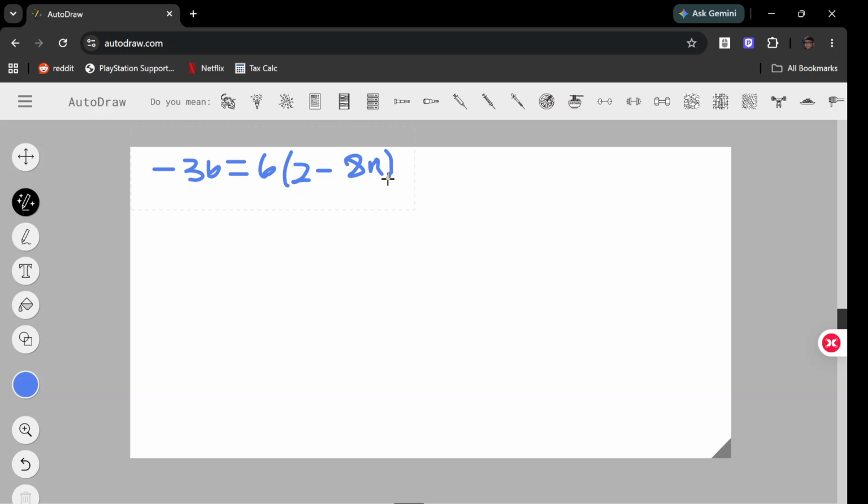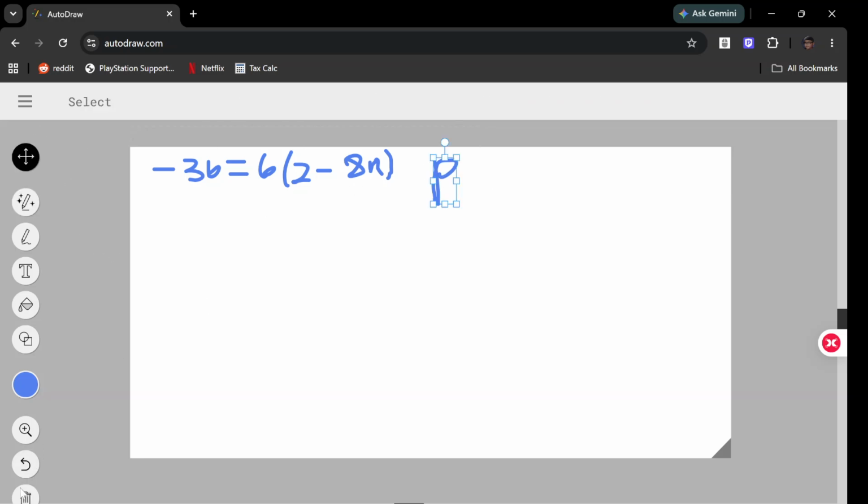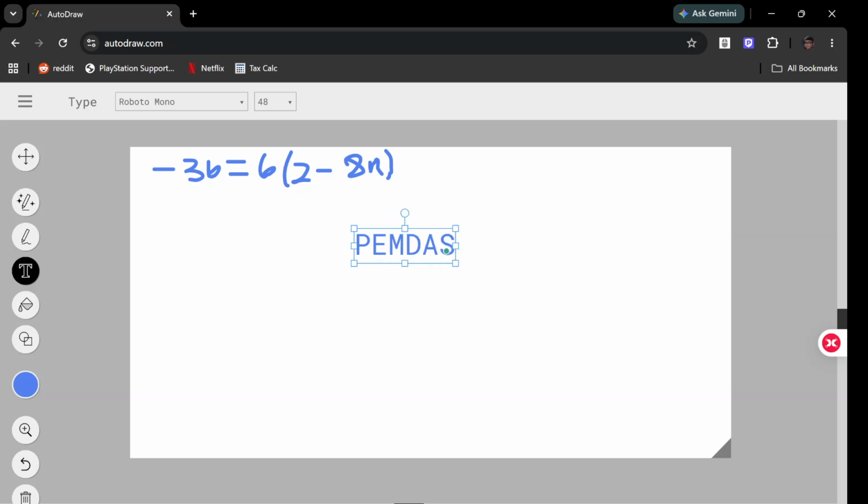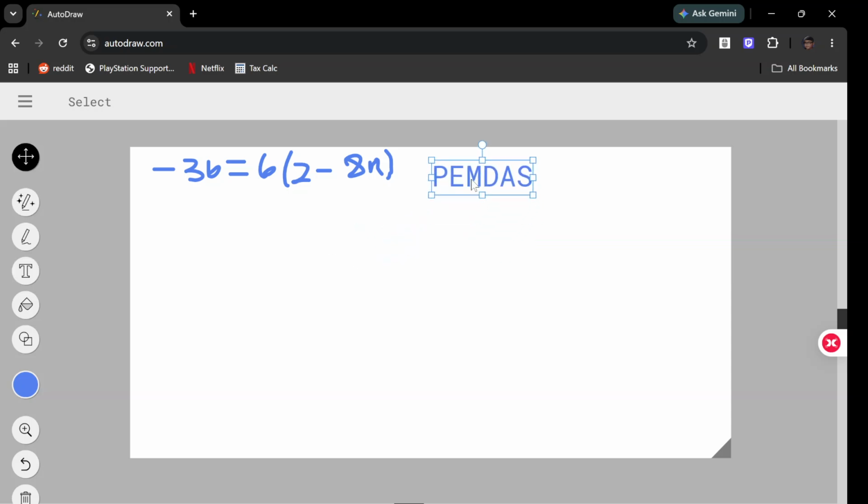What I want you guys to remember is something called PEMDAS. I'll write it out. PEMDAS basically means P for parentheses, E for exponents, M for multiplication, D for division, A for addition, S for subtraction.